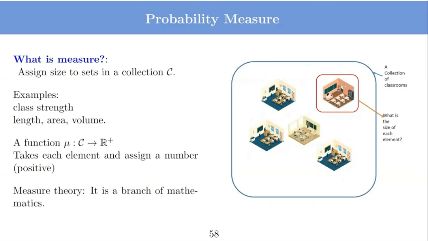Length is a measure, right? If you have a collection of line segments, each member is a line segment, and a line segment itself is a set. So the size of this set will be just the length of the line. For two-dimensional objects, such as a collection of triangles, the area can be a measure. Similarly, for a collection of 3D objects, the volume can be a measure.